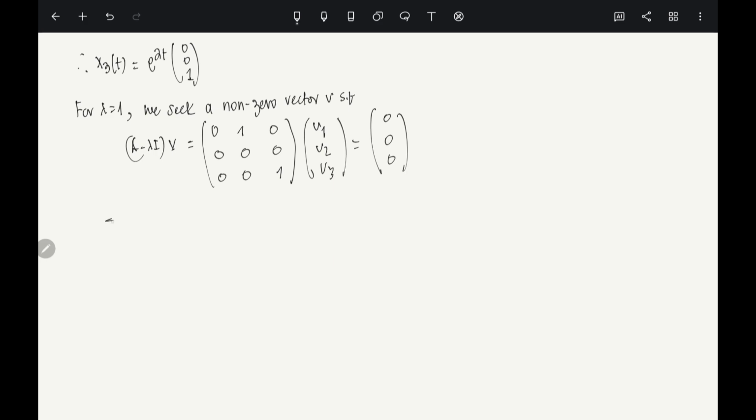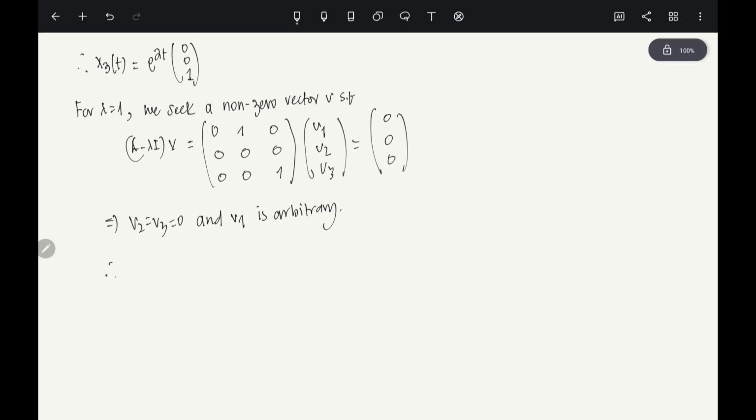This will imply v2 equals v3 equals 0, and v1 is arbitrary. It's trivial, right? That's what we are getting.